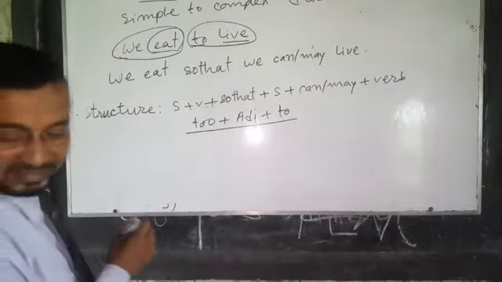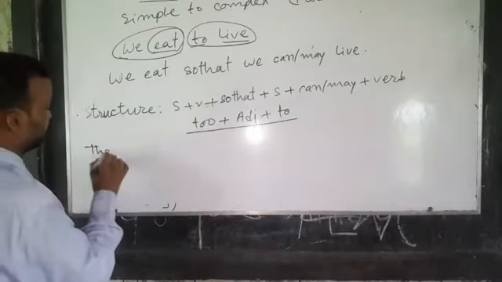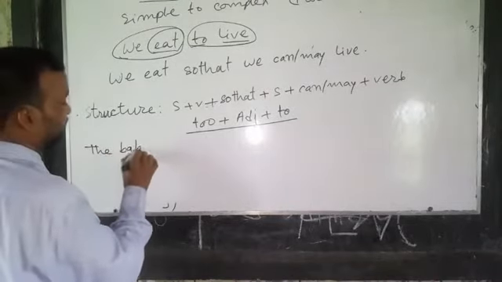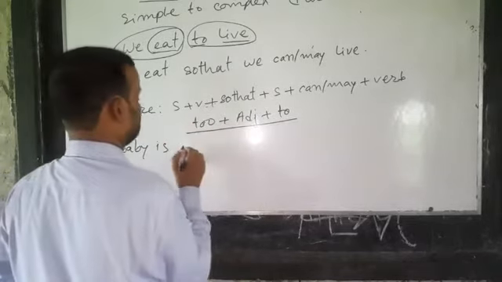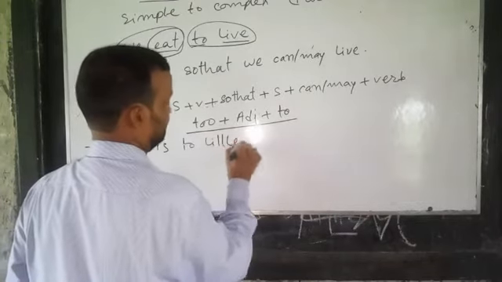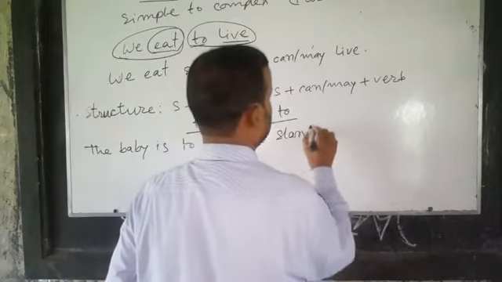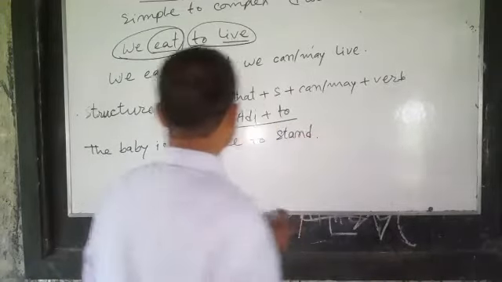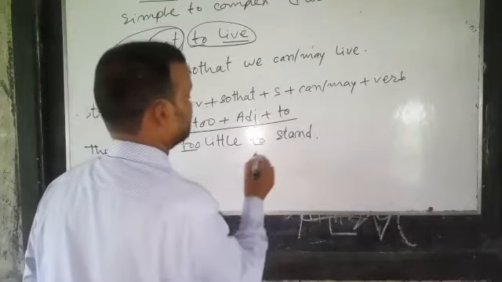So I am writing a sentence. The baby is too little to stand. This is "too" and this is "to".